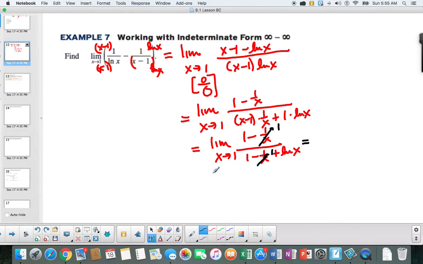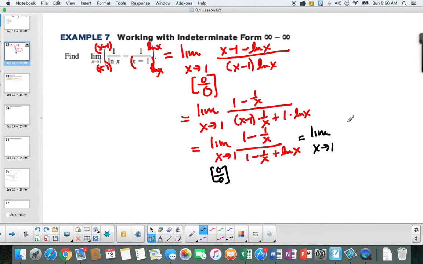So this is going to be a 0 over 0 situation. Let's go ahead and undo this. So I have a 0 over 0 situation again, which is going to allow me to use L'Hopital's rule.